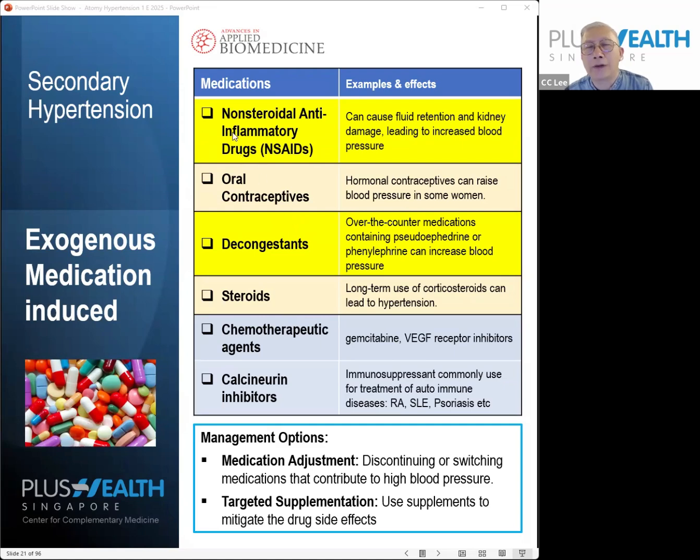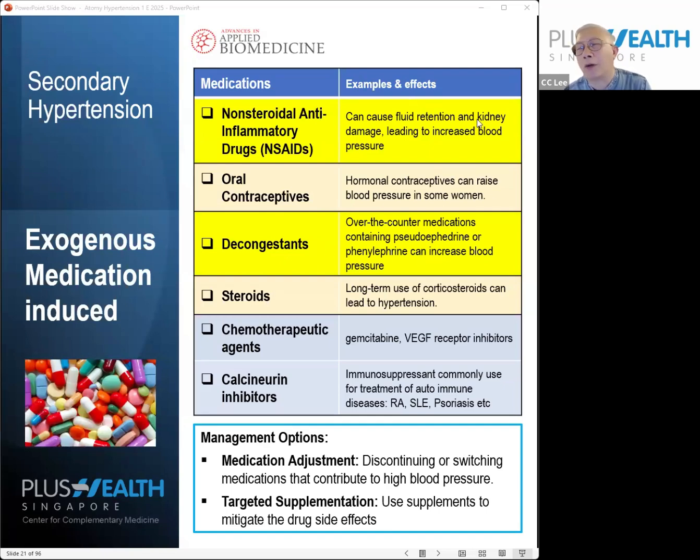Other medications, like the NSAIDs, are anti-inflammatory painkiller drugs. This is only when you are suffering from some form of pain, and you take this. And decongestants, basically when you are suffering from flu, so you are taking a cough syrup and so on. These conditions are temporary. They are transitional.